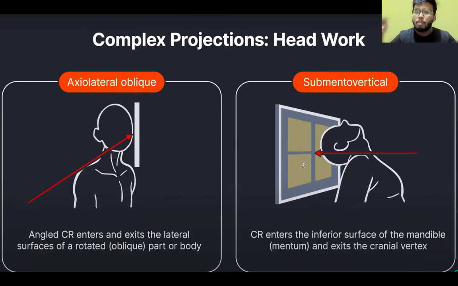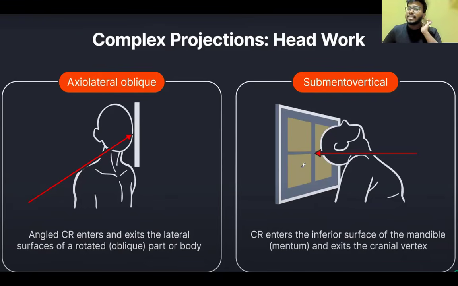Again, oblique means rotated part or body; lateral, enters through the lateral surface and exits through the opposite lateral; axial, angulated projection. So axiolateral oblique means the central ray enters through the lateral surface and exits through the lateral surface of a rotated patient, and it is angulated.